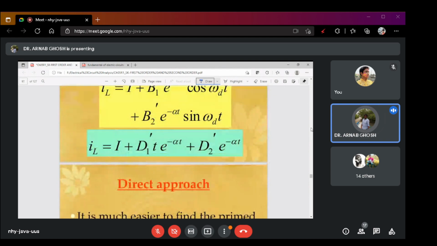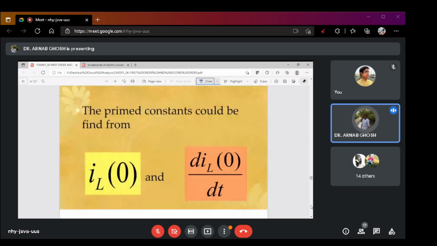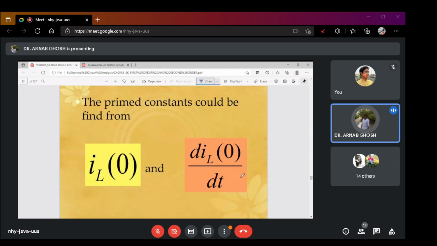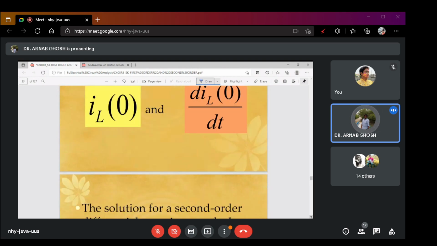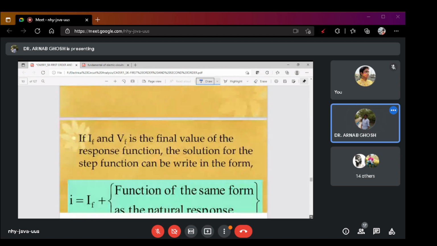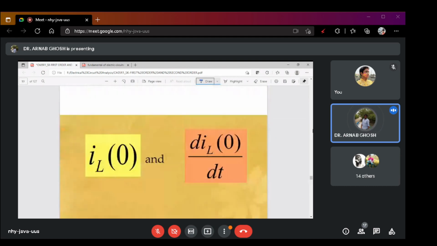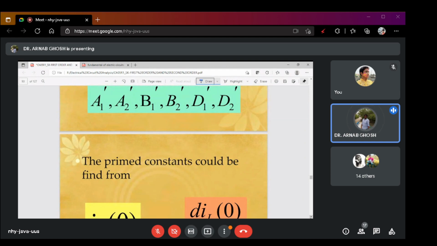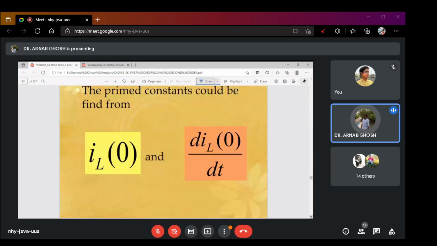So this is your indirect approach. And what is your direct approach? You calculate IL0 and dIL0 by dt. I will show you from the formula itself. See, this is IL0 plus dIL0 by dt.